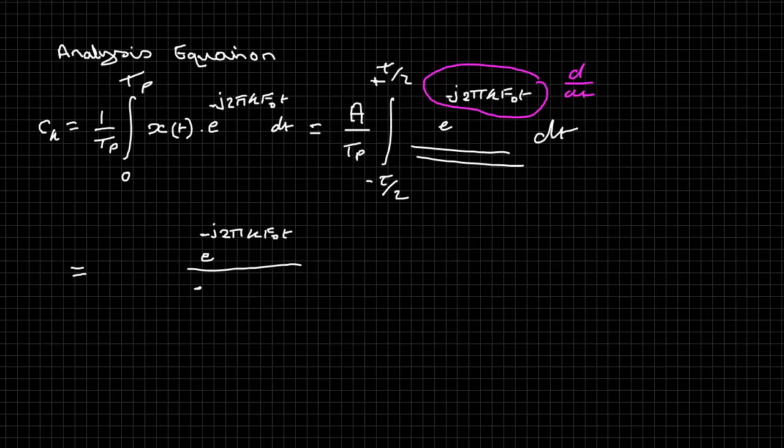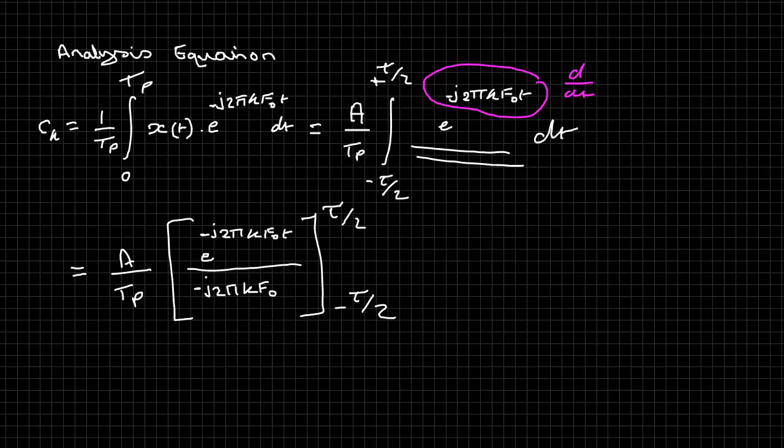So the result, of course, is minus j 2 pi k f naught, and this component was a constant, and the time variable disappears. Mustn't forget to put the A and Tp on the outside, and we now will take the limits, which are tau over 2 to minus tau over 2.